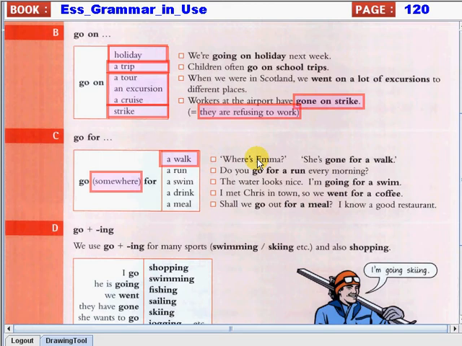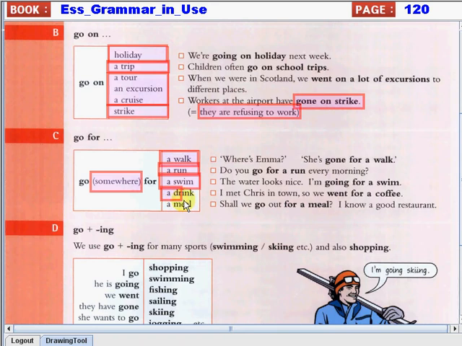Where's Emma? She's gone for a walk. Next, go for a run. Do you go for a run every morning? Go for a swim. The water looks nice. I'm going for a swim.